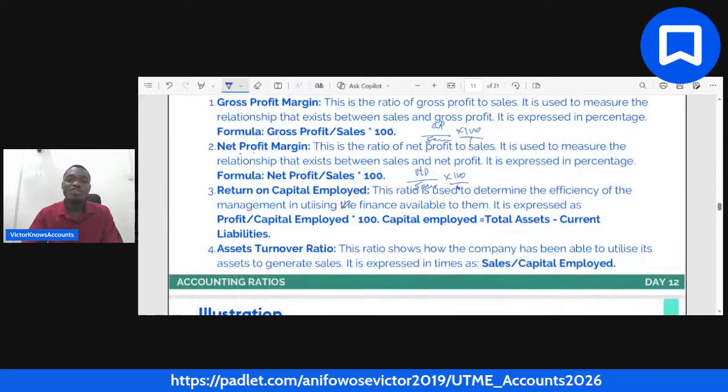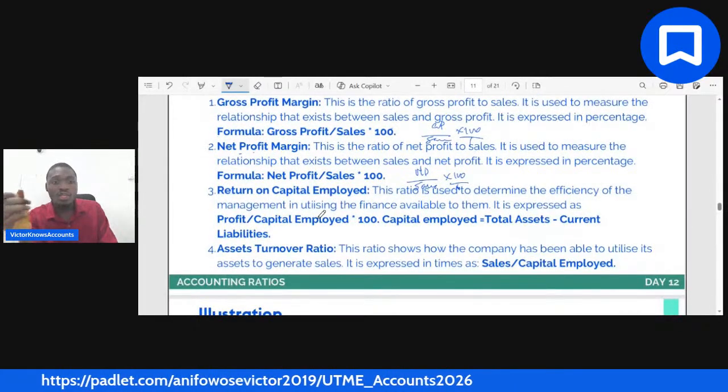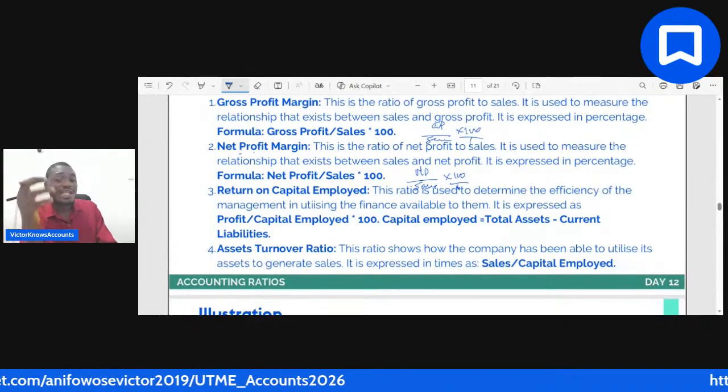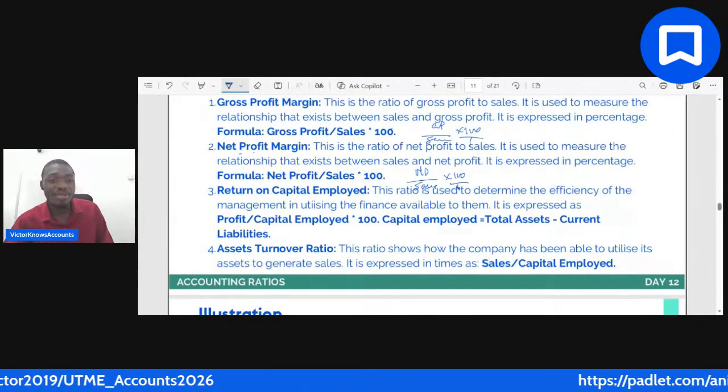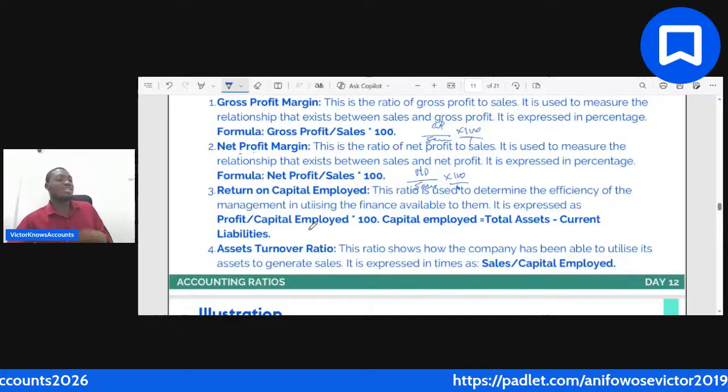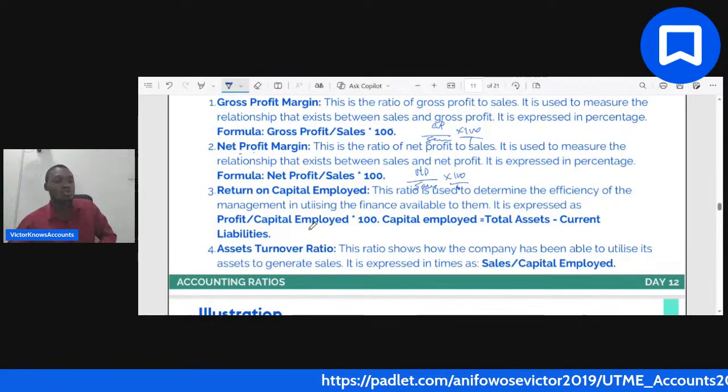Then we also have return on capital employed. Now, the capital employed of an organization is the difference between total assets minus current liability. It's used to show the amounts that have been invested into the business.